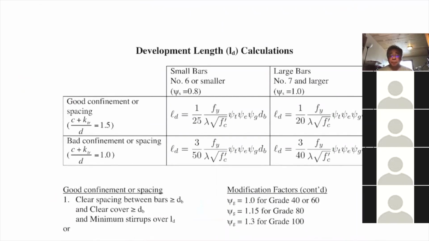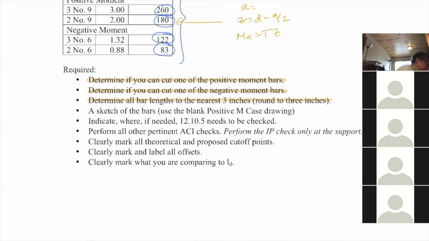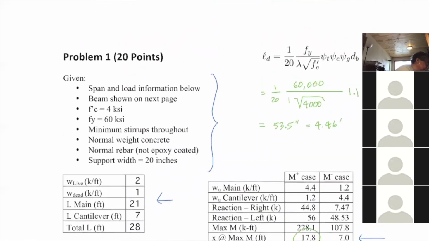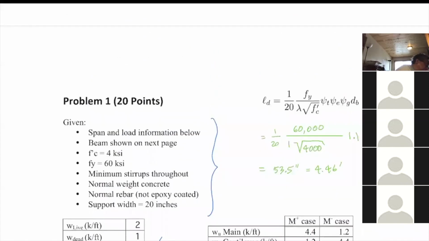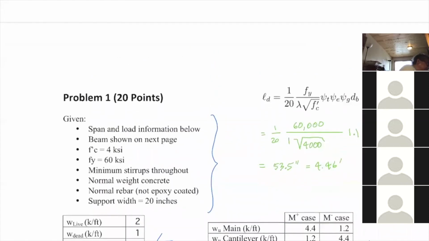It still has minimum stirrups, so we're using the first row. We're using the 1/25. This one. I'm running out of room. I'll do it up here. Using that one.